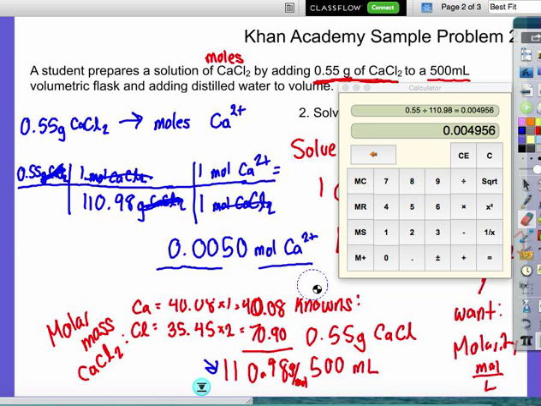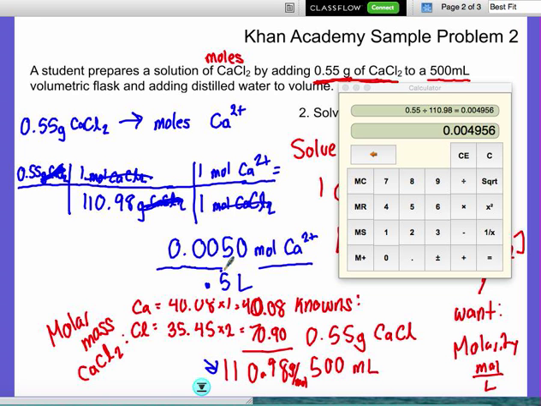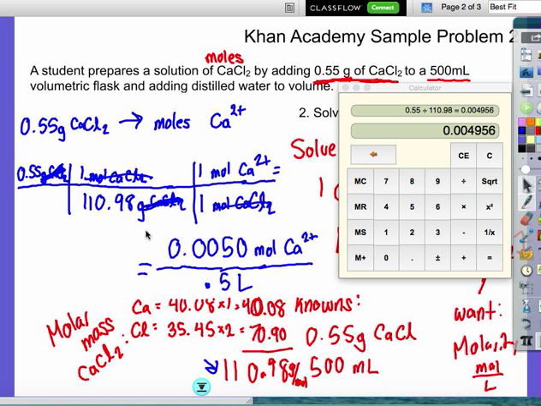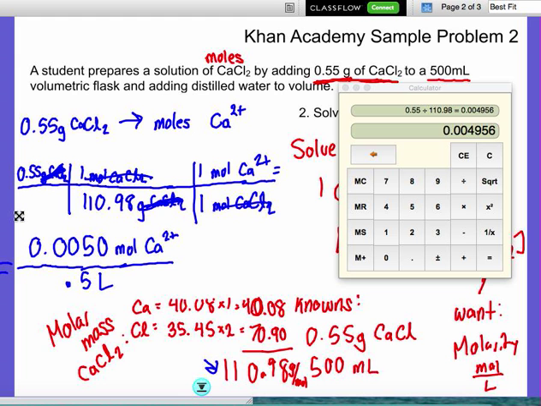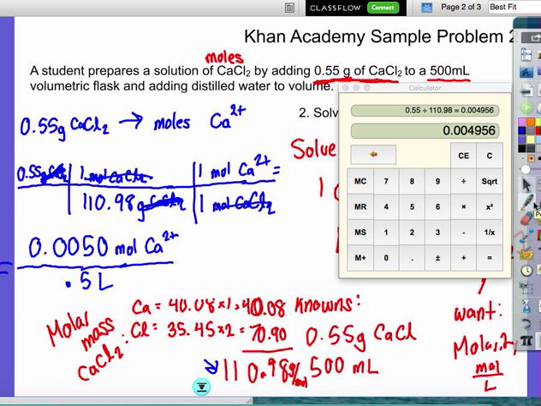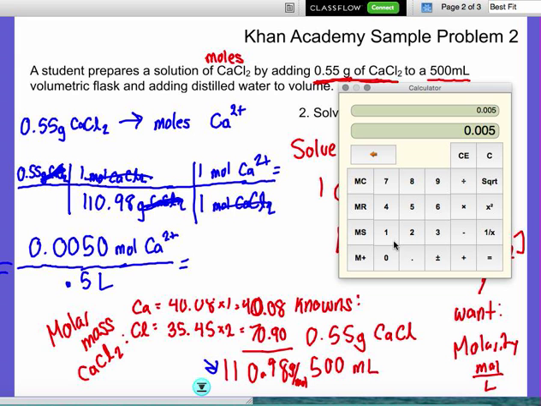So divided by 0.5 liters, and when we solve that all out, we get 0.0050 divided by 0.5, which is 0.010 moles per liter.